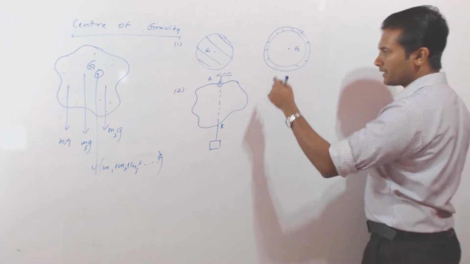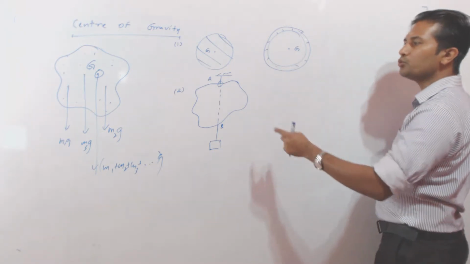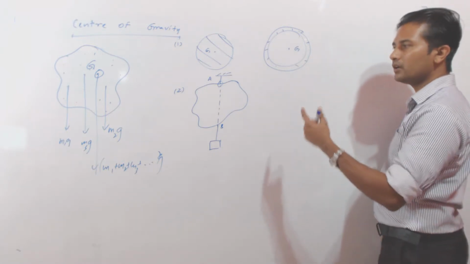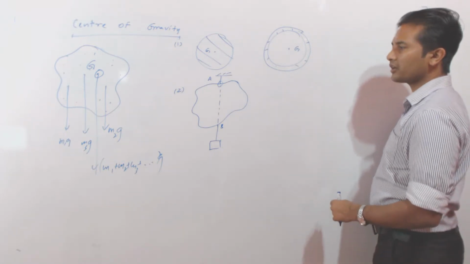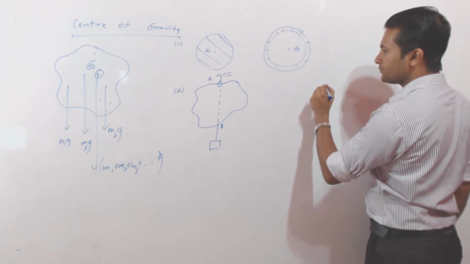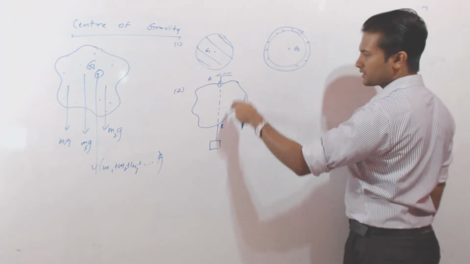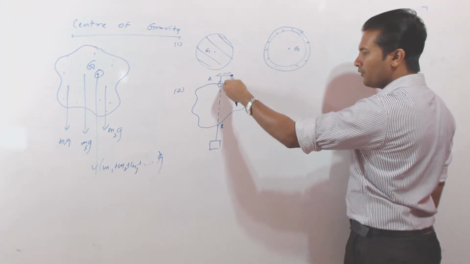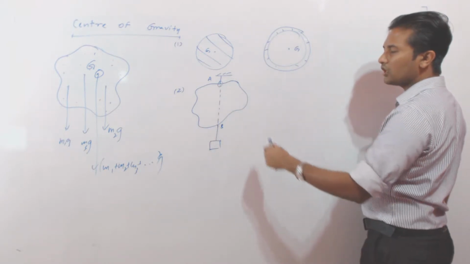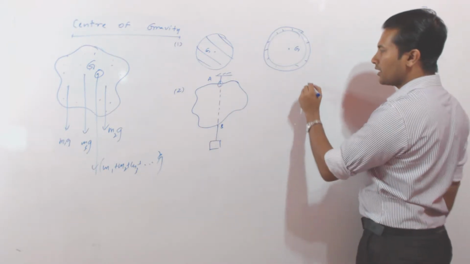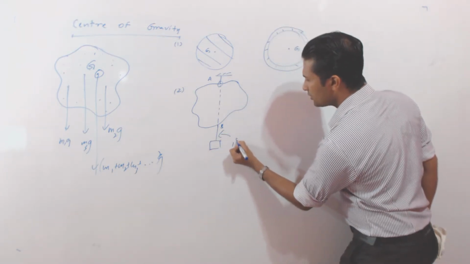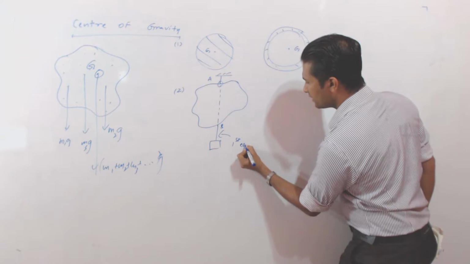Actually, that theory can be used to find the center of gravity of a symmetric or non-symmetric object. How is that? Let's consider the same object. We know the center of gravity lies along AB, according to the first experiment.